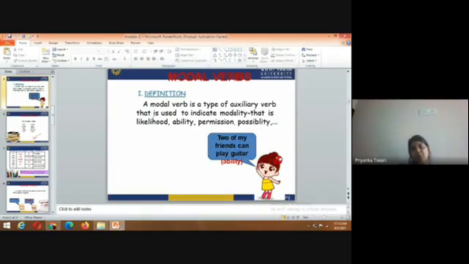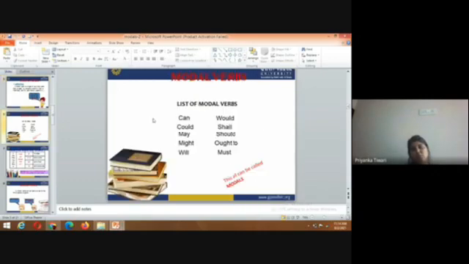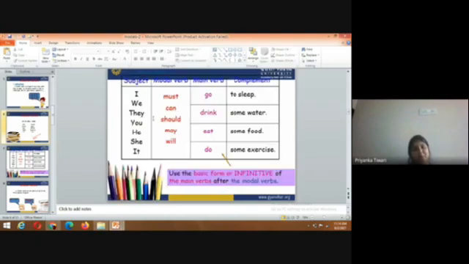This is what we are discussing. The list of modal verbs: can, could, may, might, will, would, shall, should, ought to, and must.